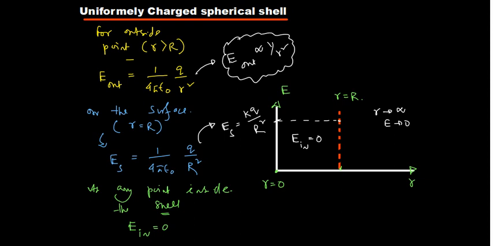So it will follow the normal inverse square variation and the graph will be like this. So for the electric field versus r graph for a uniformly charged spherical shell, from center to the surface there is no electric field. The electric field first makes its appearance on the surface, then slowly dies out proportional to 1 by r square. Alright, fine. This is easy, not a big deal.